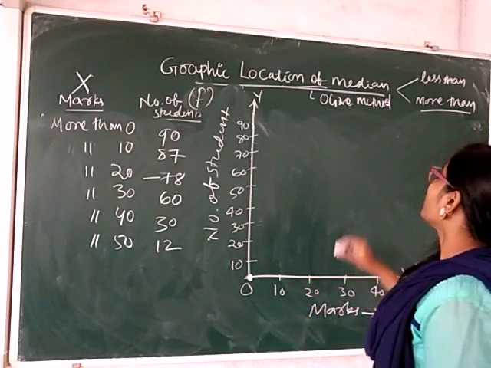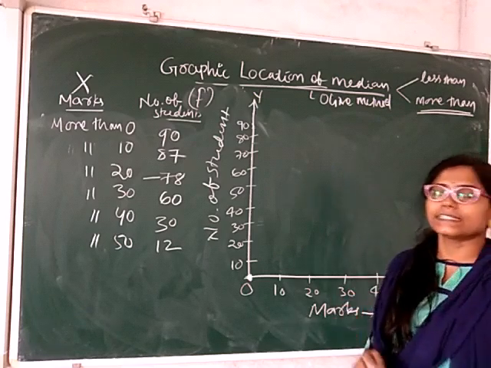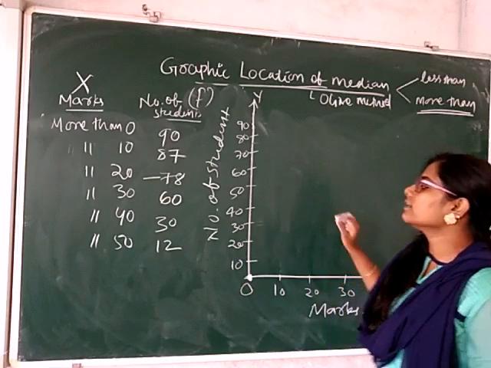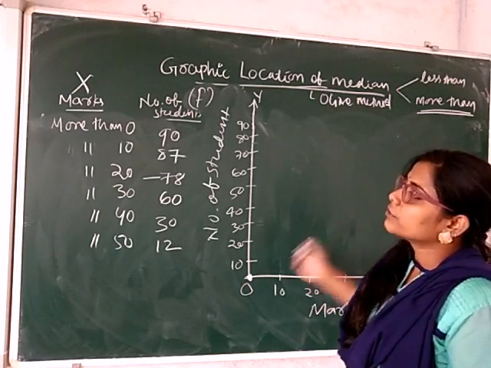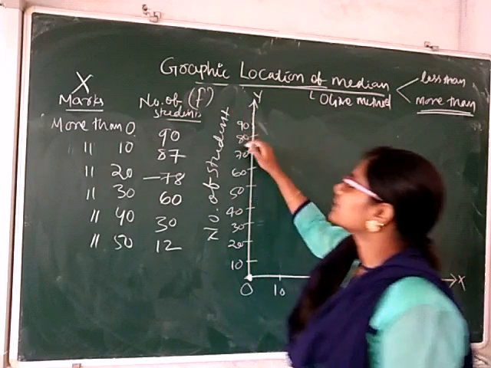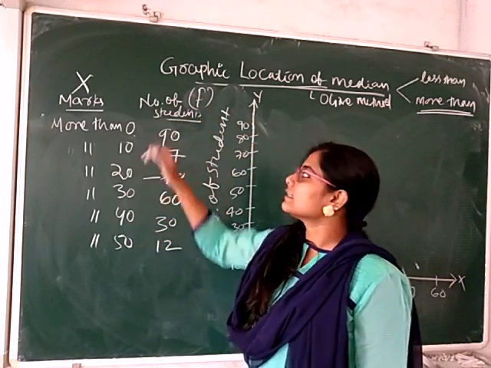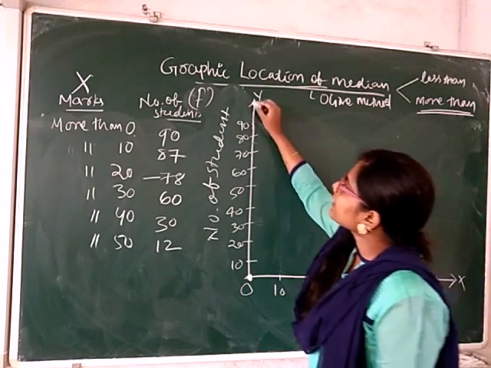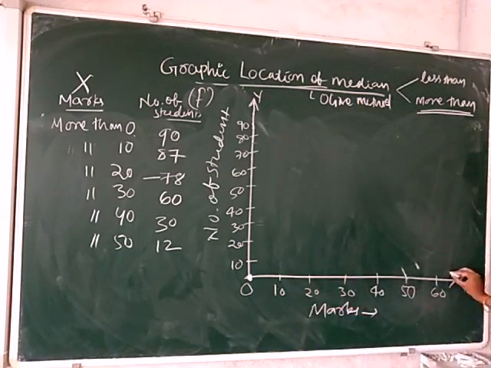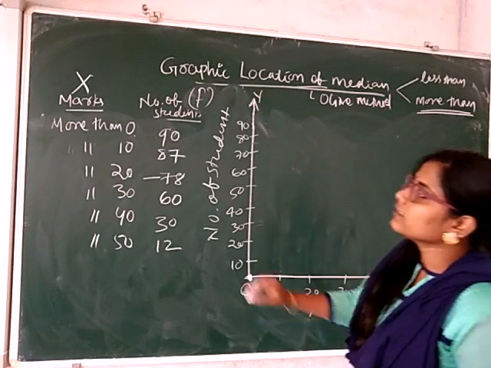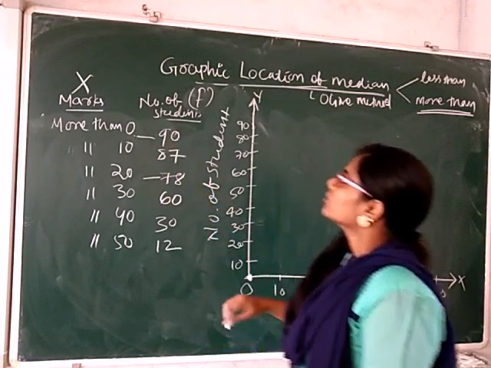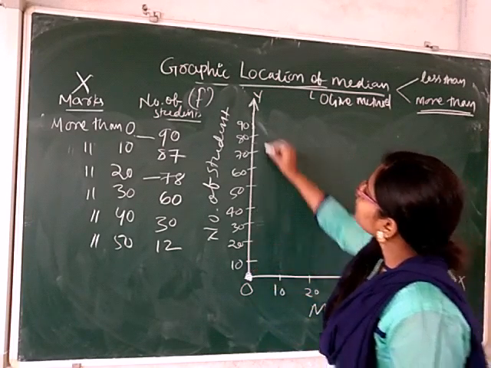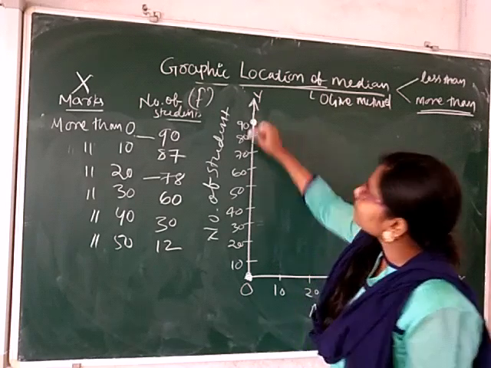We will draw the graph on the basis of the more than series. Here this is the example related to the more than series, and we draw the curve. Marks are denoted by X and the number of students by F. The number of students indicates the y-axis and marks indicate the x-axis. When more than 0, the number of students is 90.